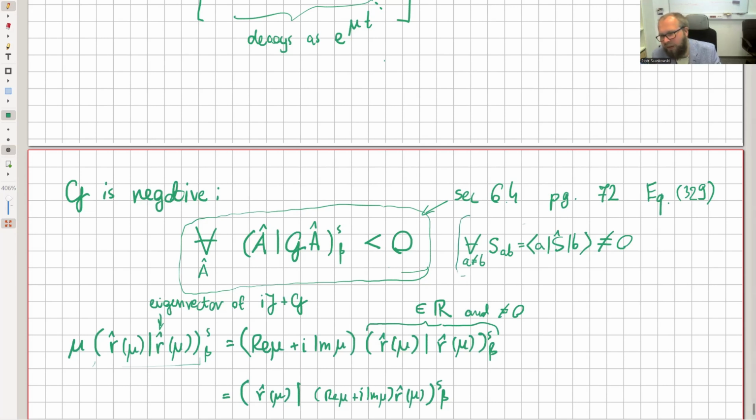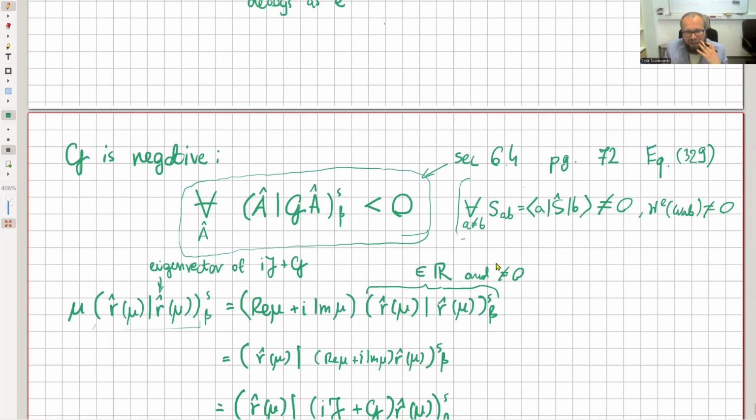Also W E of omega_AB has to be non-zero as well. If some of those disappear, then you open up possibilities for getting zero eigenvalues and getting weird oscillations of the diagonal of the density matrix rather than exponential decays.